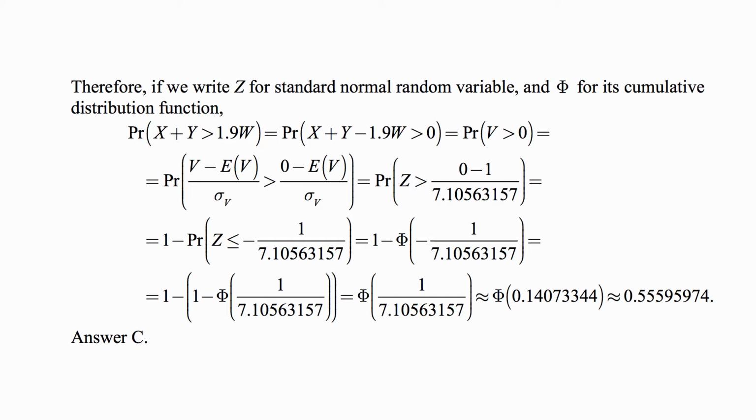And 1 divided by that 7.1 and so on is approximately 0.14073344, and we either look it up in the table or use the normal distribution evaluator, the software that evaluates a normal distribution that you get on the real test, and this is approximately 0.555959974, well, almost 0.56, which is answer C.